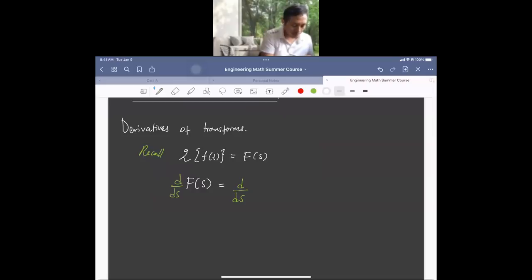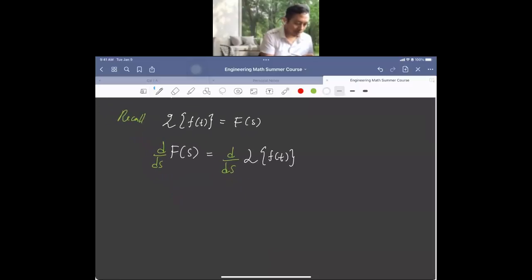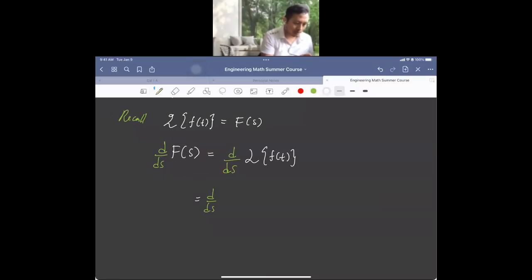So we can say that, let me write one by one. So Laplace of the f of t, right? The Laplace itself is the integration from 0 to infinity of e to the negative st f of t dt, right?